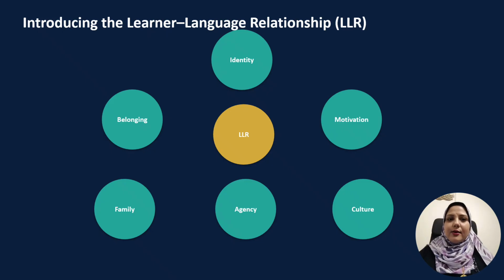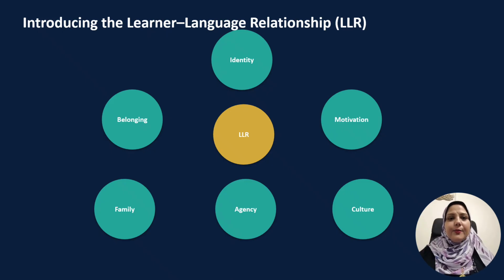As you can see, the LLR is proposed as a conceptual framework for understanding how learners relate to Arabic beyond their level of proficiency. At the center of the framework is the learner's relationship with Arabic.